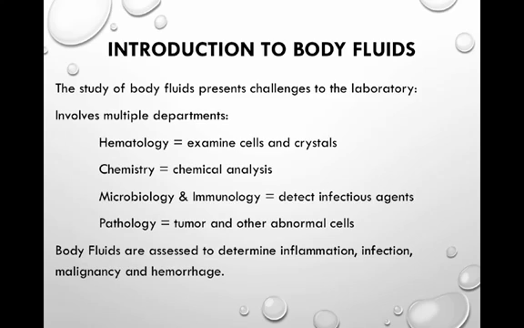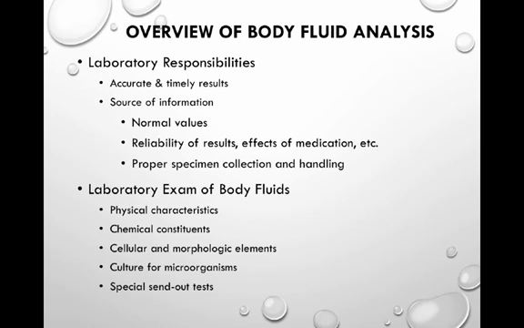And then looking for any tumor cells or abnormal cells that might be present, pathologists or cytologists will then be given the sample for a definitive diagnosis. Body fluids are assessed to determine the presence of inflammation, infection, malignancies, hemorrhage. So they're important specimens that are collected and analyzed in the lab.